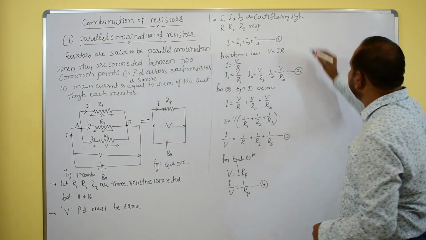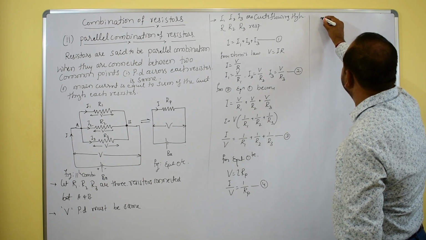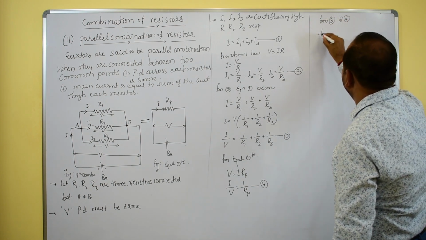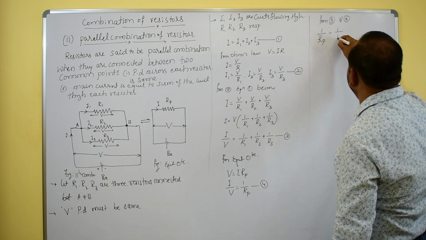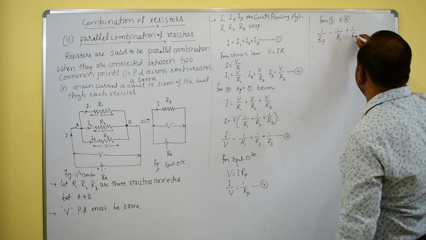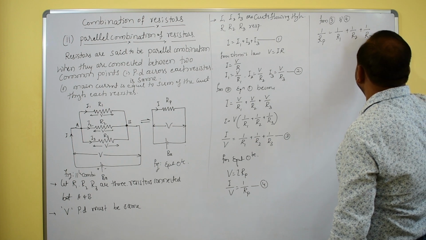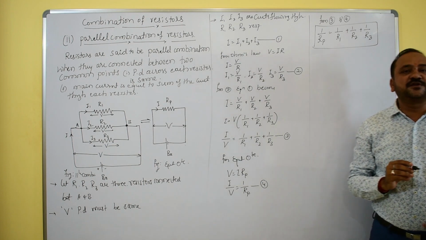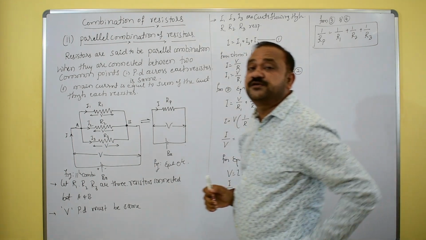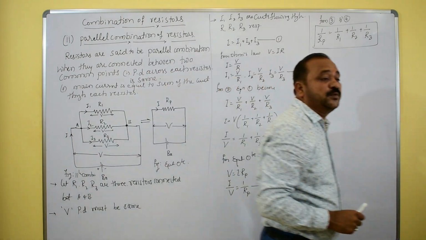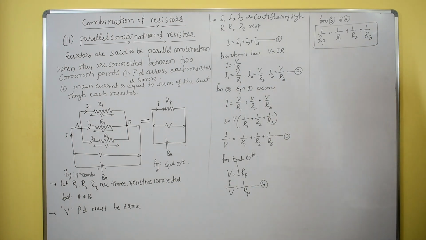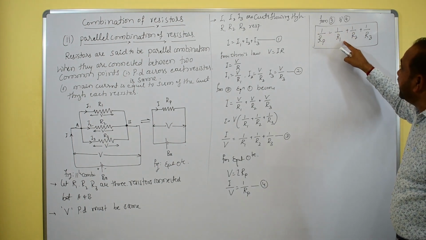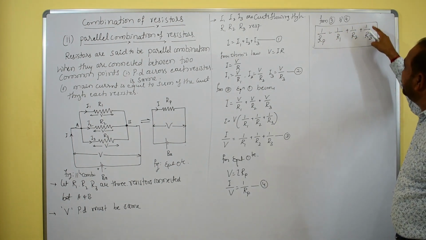From equations 3 and 4, 1 by Rp equals 1 by R1 plus 1 by R2 plus 1 by R3. This is the expression for the parallel combination of resistors. That is what we came to know. 1 divided by Rp equals 1 divided by R1 plus 1 by R2 plus 1 by R3.